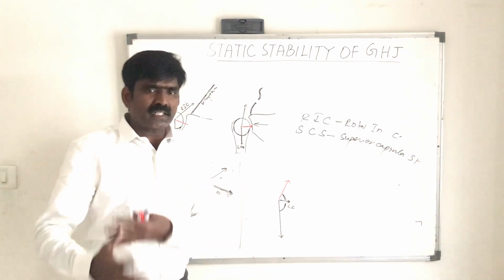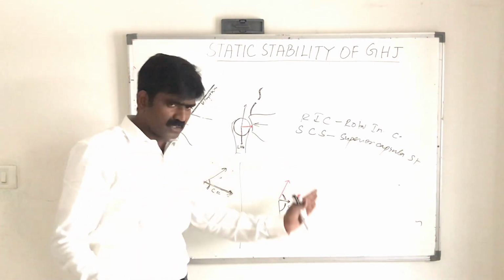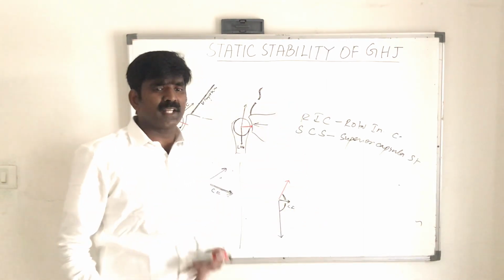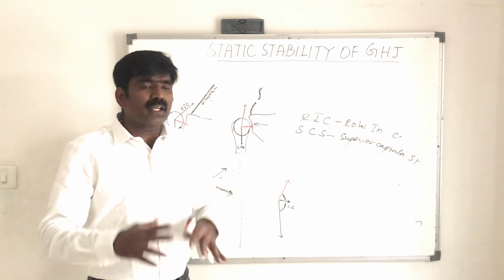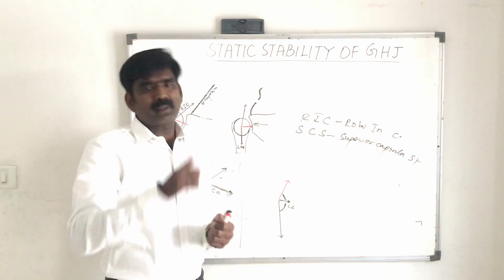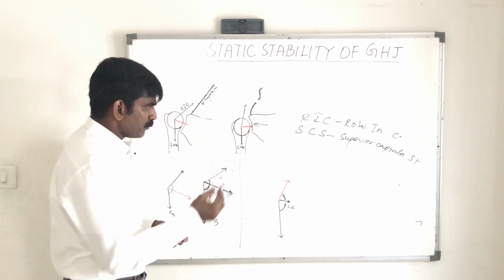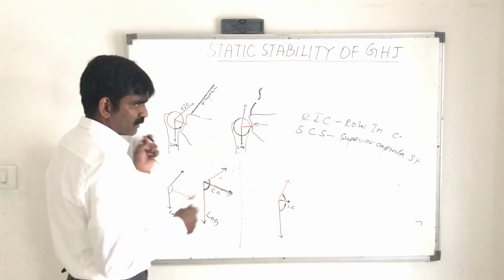So plasticity develops in the RIC, which we already discussed. If plasticity is developed, then there will be an irreversible subluxation of the glenohumeral joint, because now the line of gravity will act more.